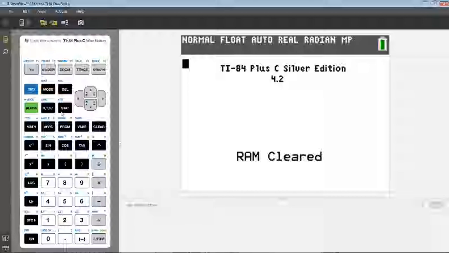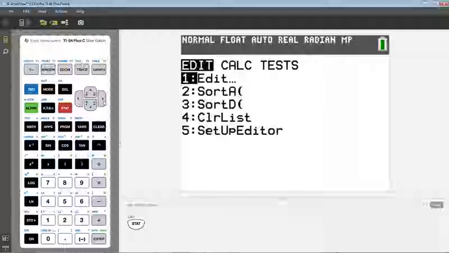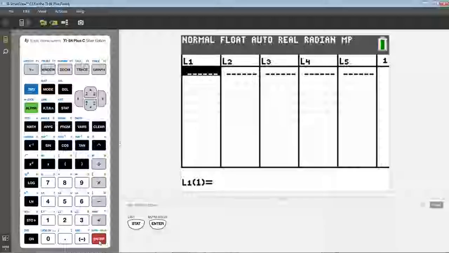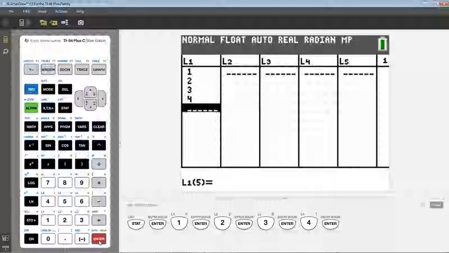First, we click over here, click Stat. Okay, and then it's already highlighted on 1, hit Enter. Now, just like we showed, you're going to enter those values as they appeared in your table that you created. 1, 2, 3, 4, 5, and 10.